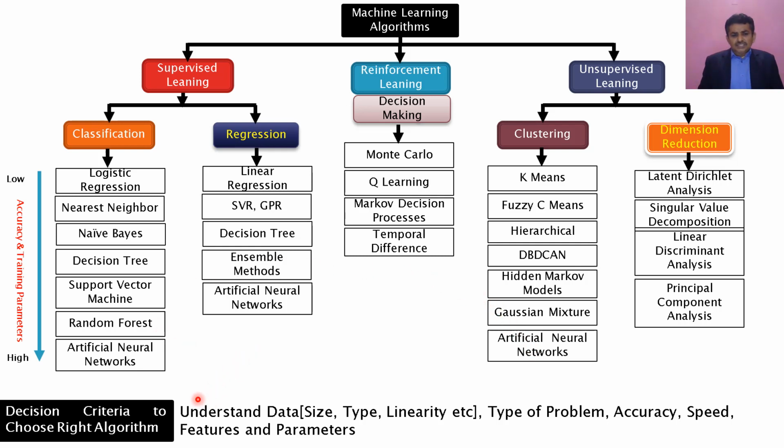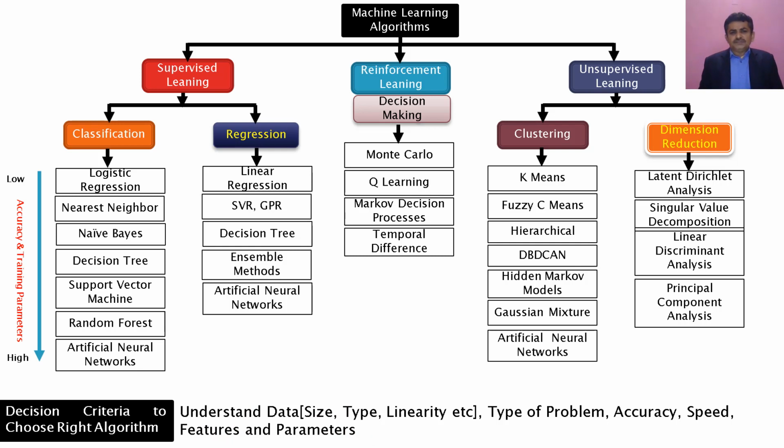Once again, before selection of any algorithm, you must be aware of these selection criteria, such as understanding the data size, type, linearity, etc., the type of problem, the accuracy you are achieving while implementing any algorithm, the speed of the training, features and parameters.